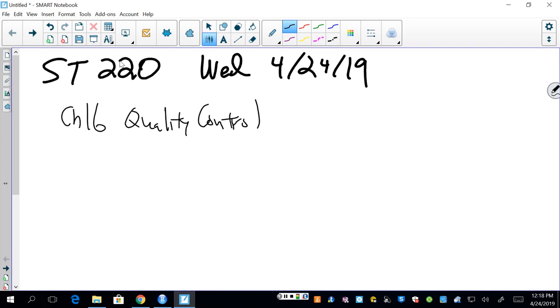But this quality control, right, is really an ongoing monitoring of a process or data collection. So ongoing monitoring of the process.